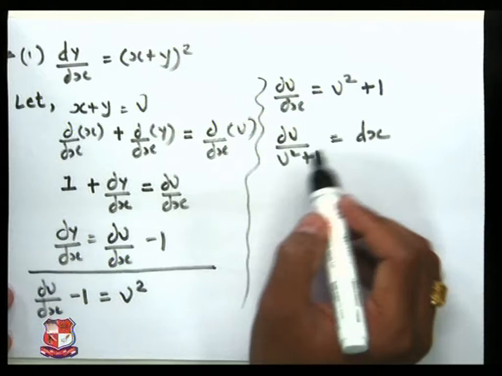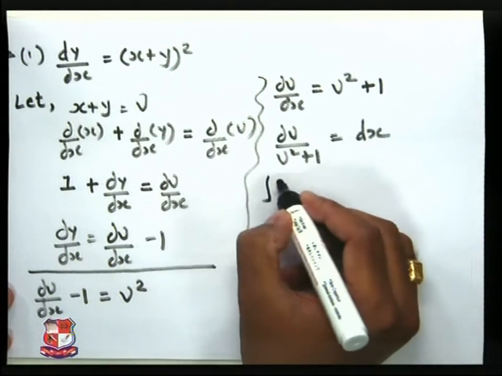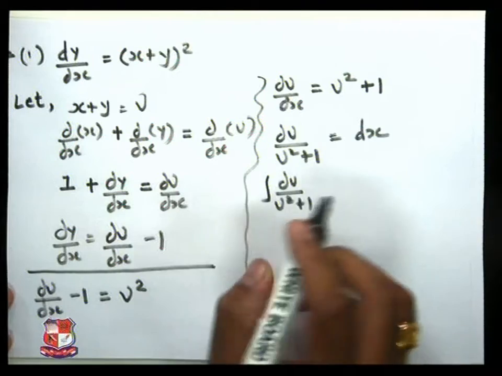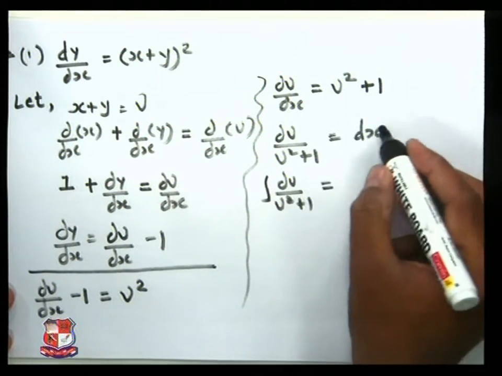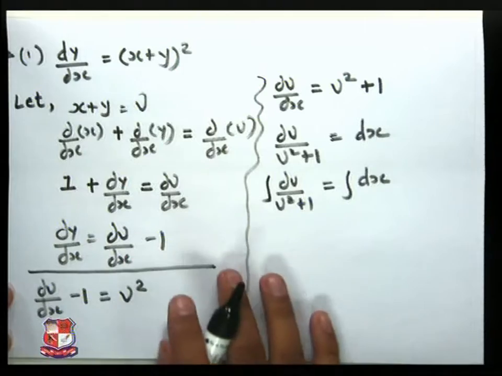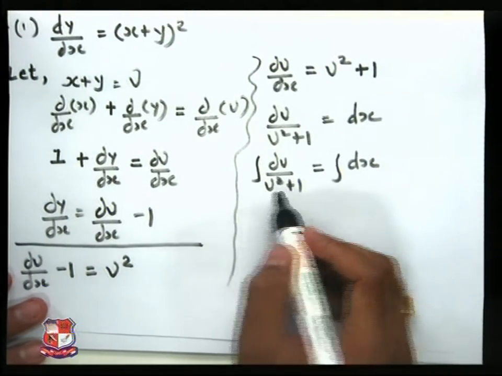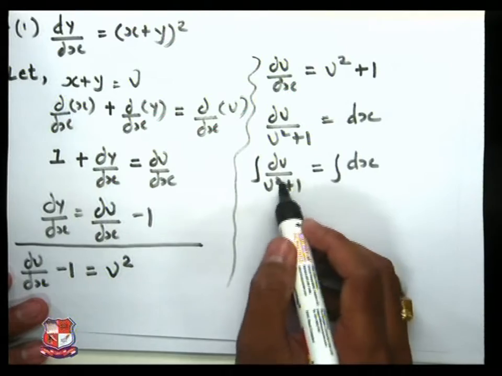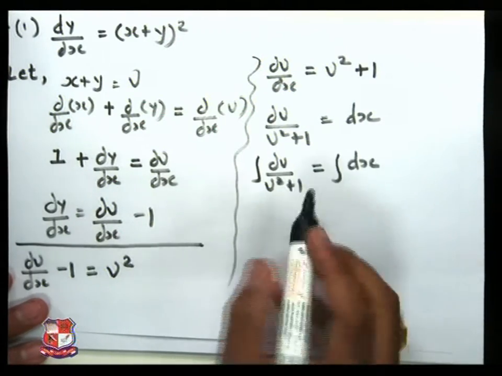Now we integrate both sides, that is integration of dv by v square plus 1 is equal to integration of dx. By the rule of integration, integration of 1 upon v square plus 1 is tan inverse v.